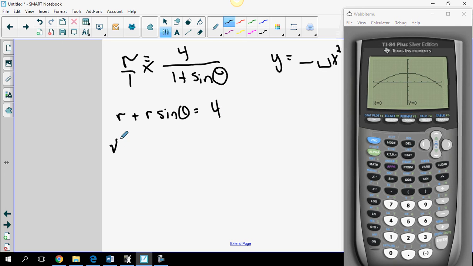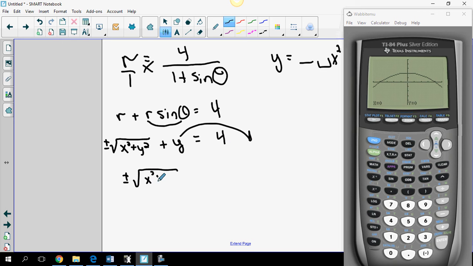So that's the square root of x squared plus y squared, technically plus or minus, plus y. Oh, don't like that. Now let's go with it. Equals 4. Let's move it over. Plus or minus the square root of x squared plus y squared is 4 minus y.